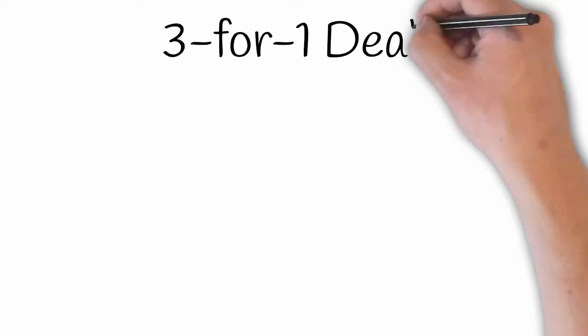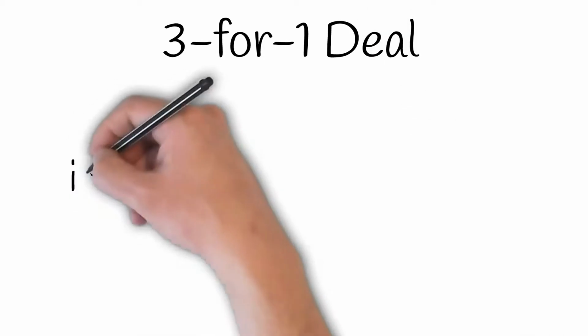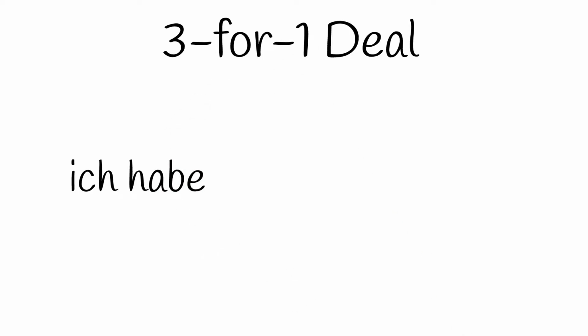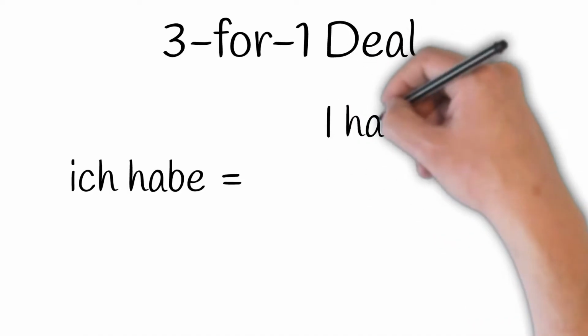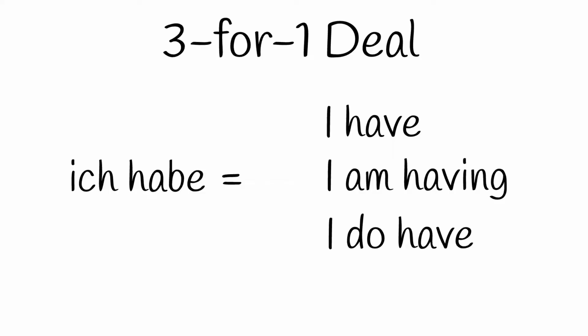I also want to talk about something called the 3-for-1 deal. If you start off with the German phrase ich habe, you could translate it as we most naturally would with simply I have. However, you could also translate it in 2 other ways. You could say I am having, or you could say I do have.